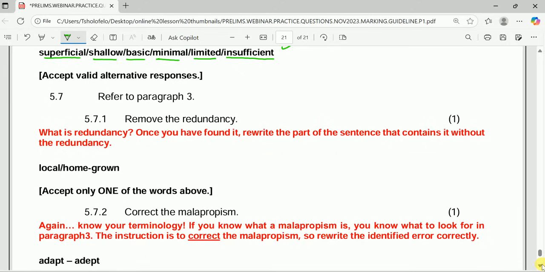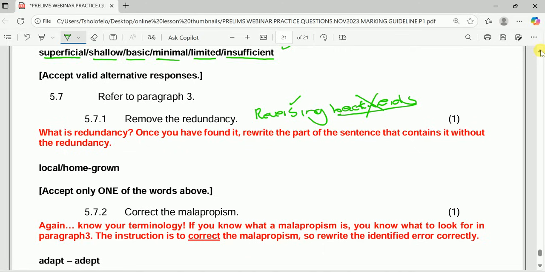For an example, if you say that you are reversing backwards, if you are reversing, automatically you are going back. So there's no need for you to include what? Backwards. So when you have to remove redundancy, you can take out "backwards" so that you remain with "reversing" to avoid redundancy or unnecessary repetition.